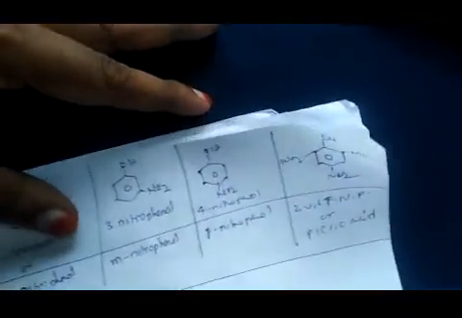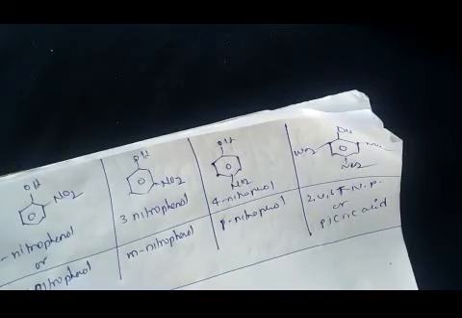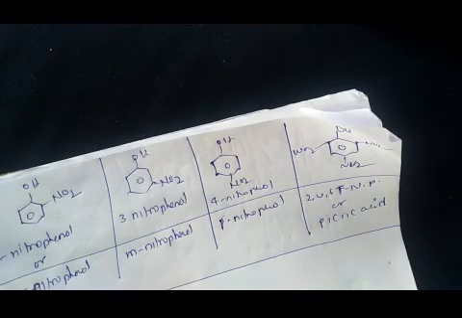The picric acid, according to the IUPAC name, is 2,4,6-trinitrophenol. In your bits you will get these structures and they will ask the names, or they will give names and ask you to write the structures of these molecules.